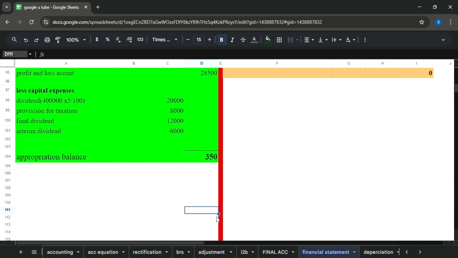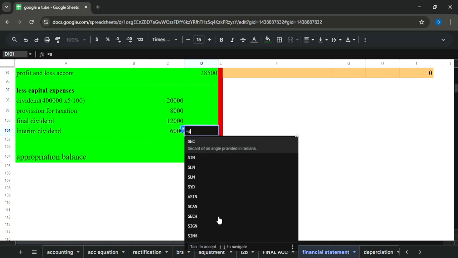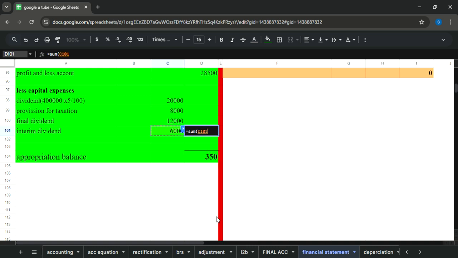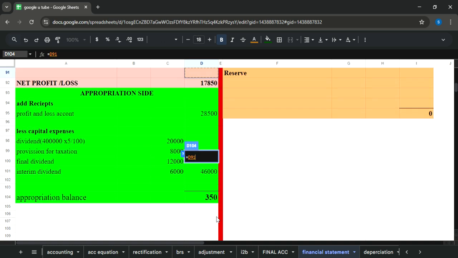Let's start our calculation of appropriation balance. So first, let's take sum of all appropriation expenses. Now we can start our calculation for appropriation balance. For this, net profit, add profit and loss account less total of all expenses.